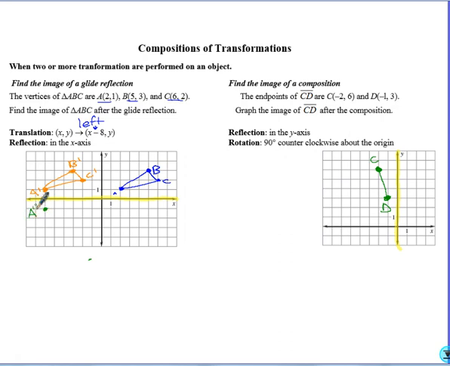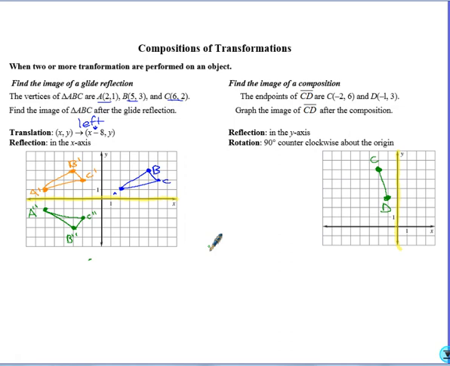When we label the second transformation, we call it a double prime to indicate here's what we did first, here's what we did second. Then you do that with the rest of the points. 1, 2, 3, 1, 2, 3. So that becomes B double prime, and then C is 1, 2, 1, 2 away. And that would be our composition.